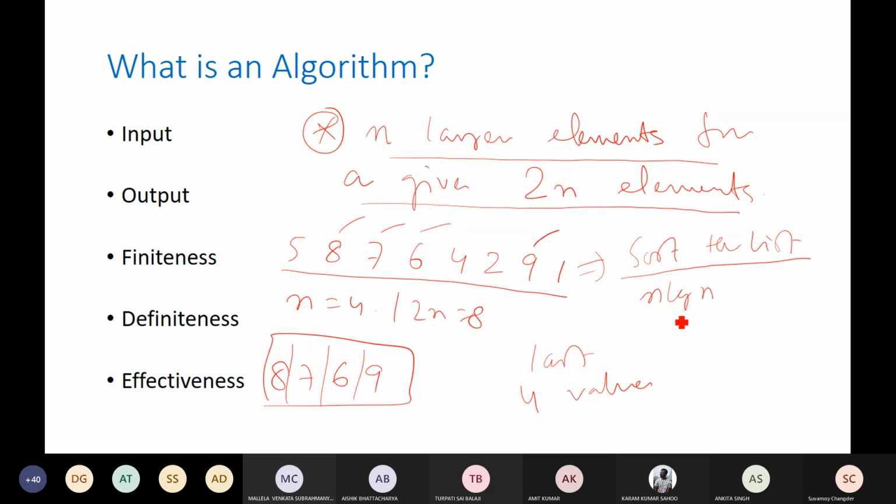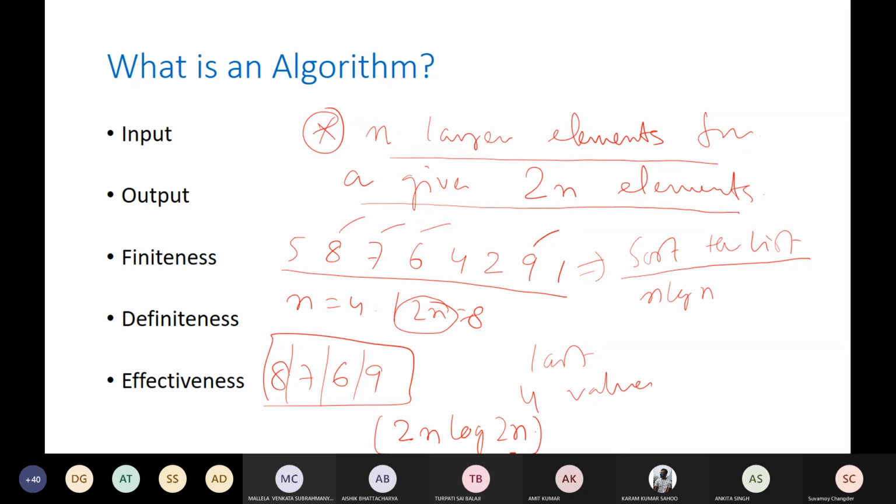Forget about the meaning of this for now. If we have 2n number of elements, and we go for sorting, we require 2n log 2n comparisons. The time complexity may be theta or O, I will come to that later. So the time complexity will be 2n log 2n.